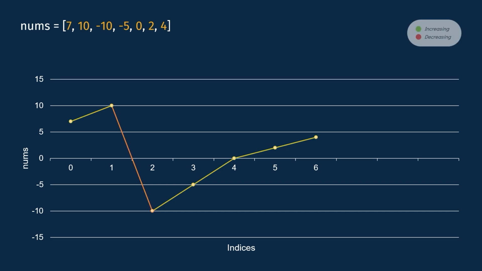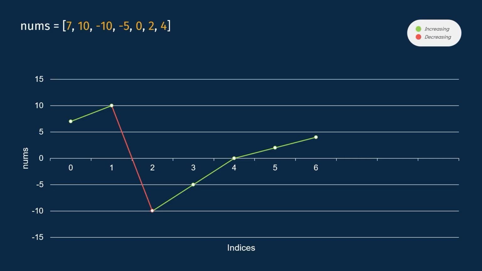The graph shows two distinct sections. From index 0 to index 1, the values are increasing. This is an increasing section. But then, from index 1 to index 2, there is a dramatic drop from 10 down to -10. This is a decreasing section, and it only happens at the rotation point. This drop is a key insight.